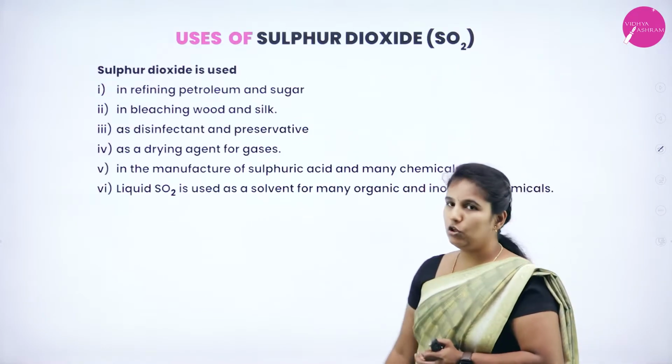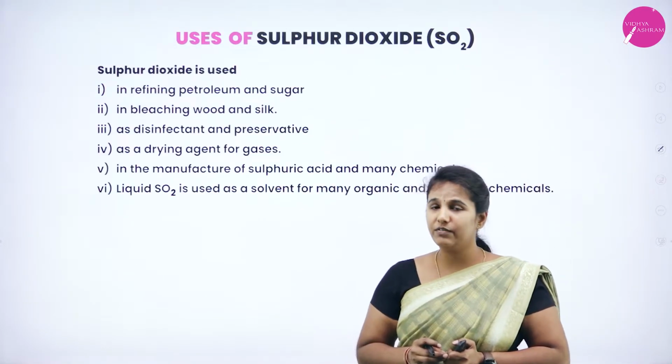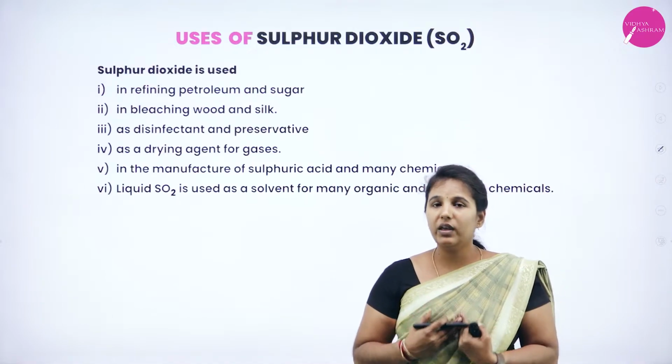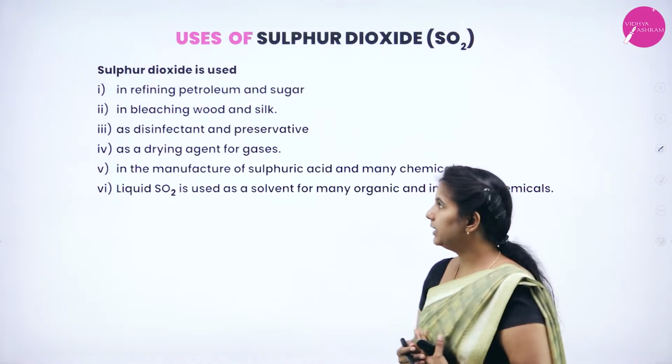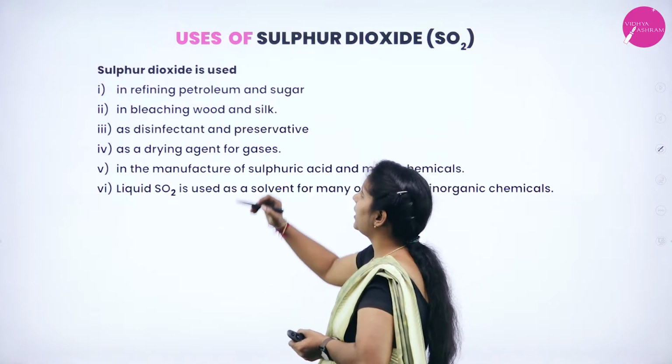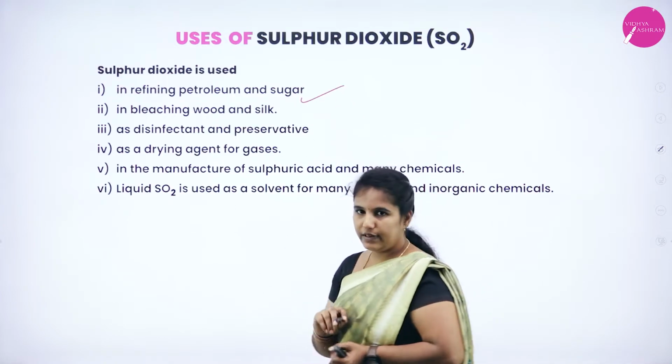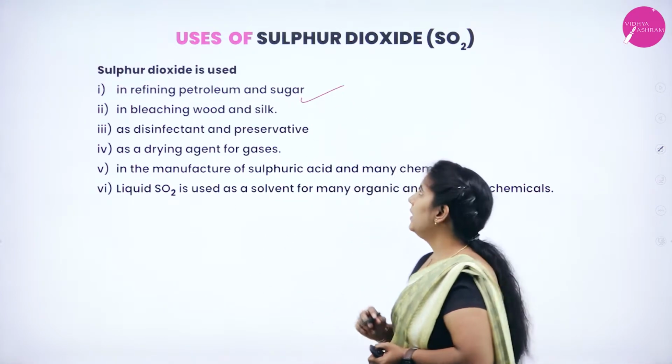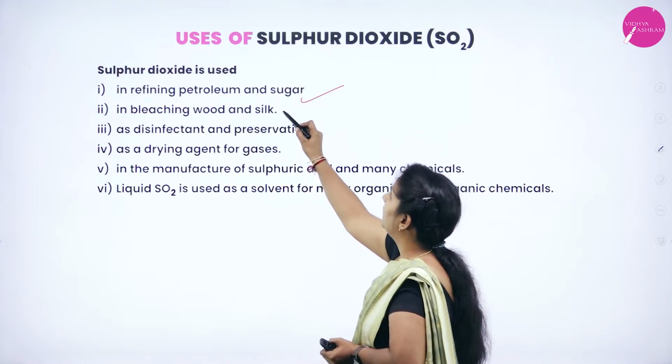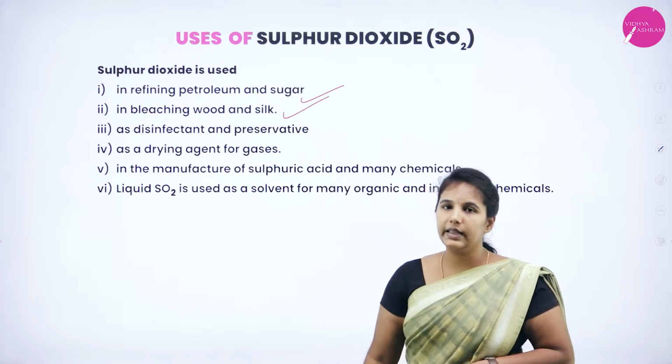Coming to their uses, we all know that sulfur dioxide has a very wide range of uses, right? In the refining of petrol and sugar, we use sulfur dioxide, and also in the bleaching of wool and silk.